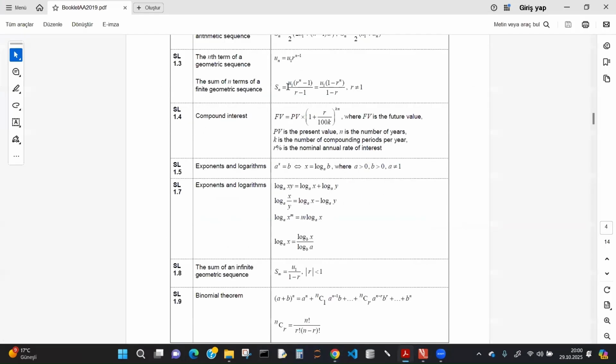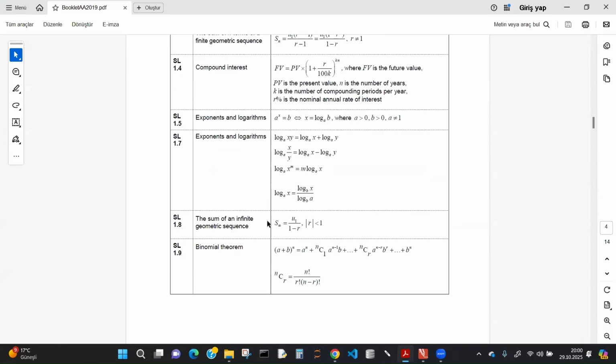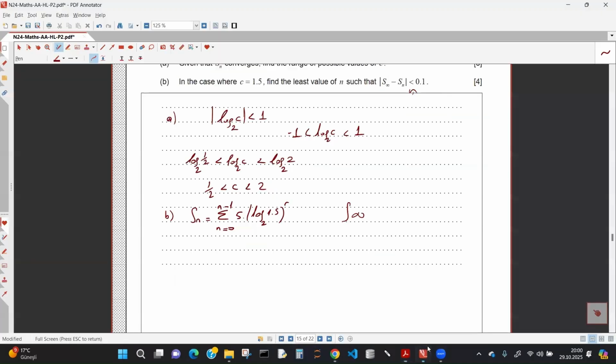You can check the formula booklet and see in here, this one. It is the first term of this geometric sequence divided by 1 minus the common ratio. The first term, if you plug in 0, is 5, divided by 1 minus the common ratio, which is log base 2 of 1.5.